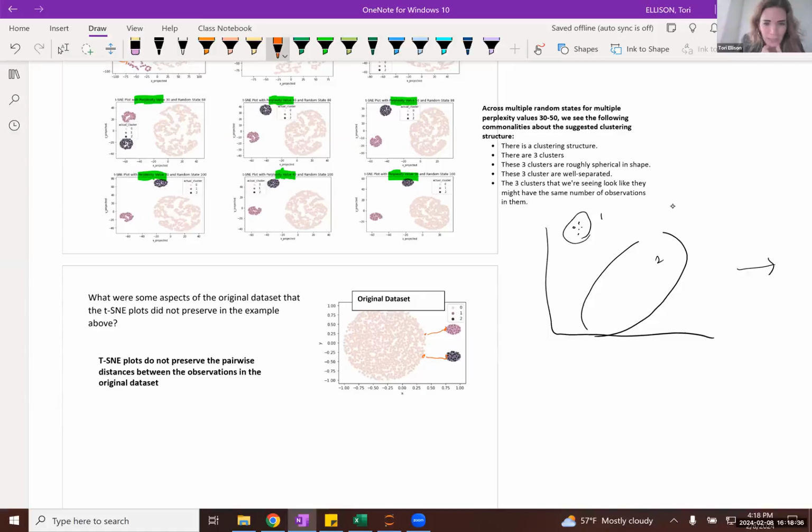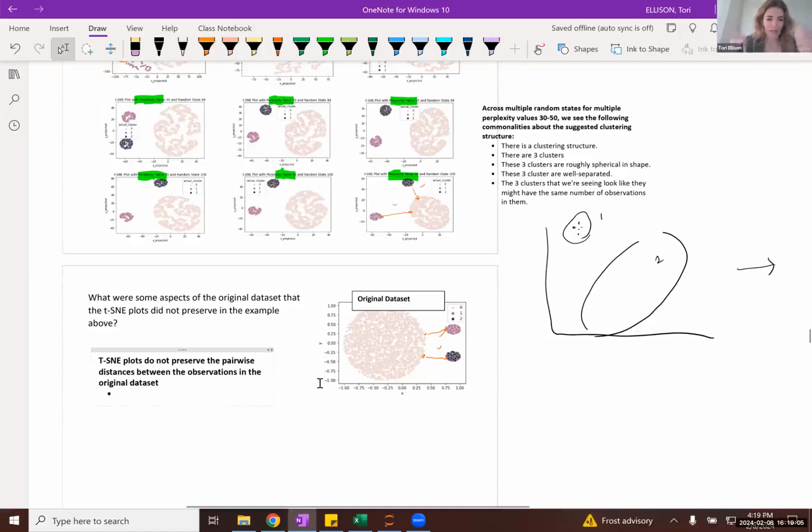But what we can see here, for instance, is that this point is perhaps about this distance away in the TSNE projection, whereas this point is a much larger distance away. So this is an example in which the 2 pairwise distances between these 2 sets of points were not proportional, or were not essentially preserved in the projection.